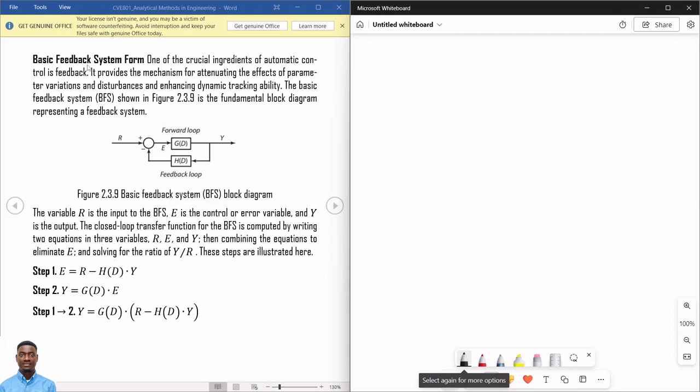We're saying that without the feedback on the system, there's no way we can see the effects of various parameters, the variations in those parameters on the output of that system, or the external disturbance on that system, or any way by which we are enhancing the dynamic tracking ability of that system.